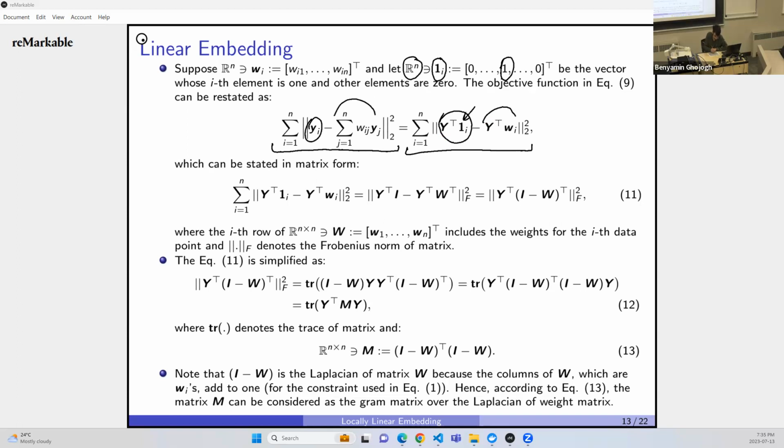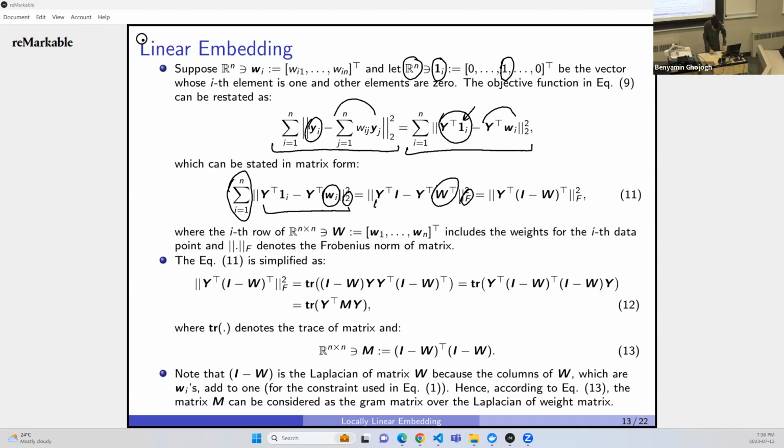I can write this in matrix form. Okay. We have this. Then this summation, I can absorb it into the norm to make it in matrix form. So this is vector form, wi. Let's make it matrix form. Absorb the summation in, then it gives me W transpose, where W is the matrix, right? And the Euclidean norm, the L2 norm, became Frobenius norm. Okay, I wrote it in matrix form.